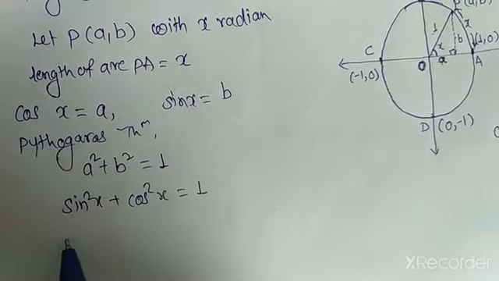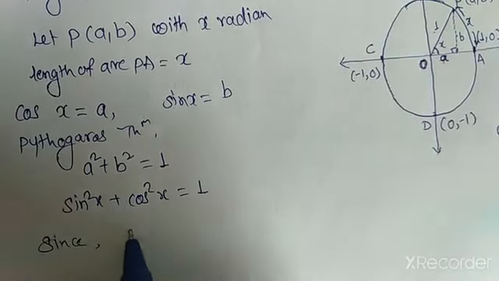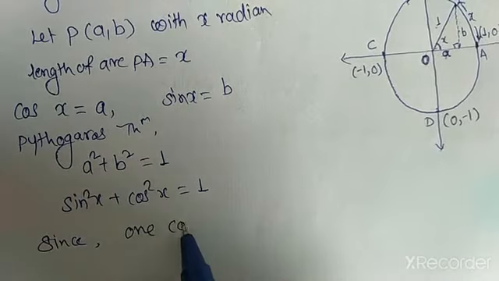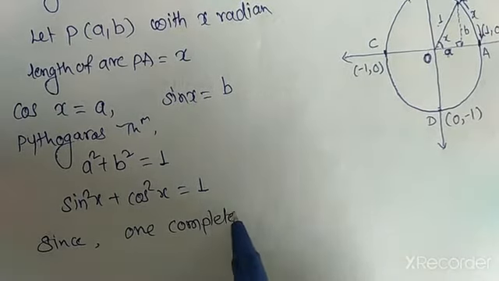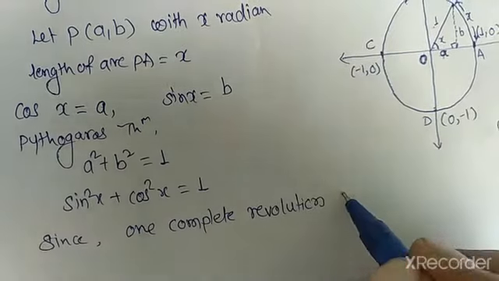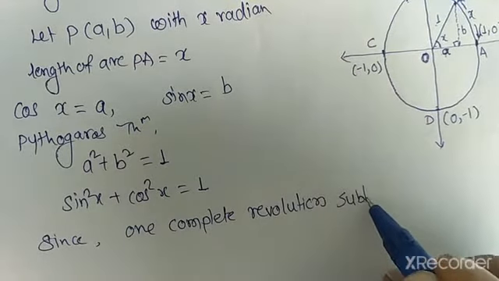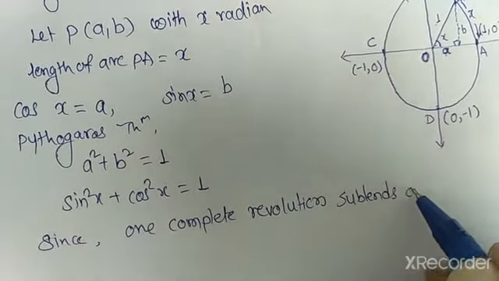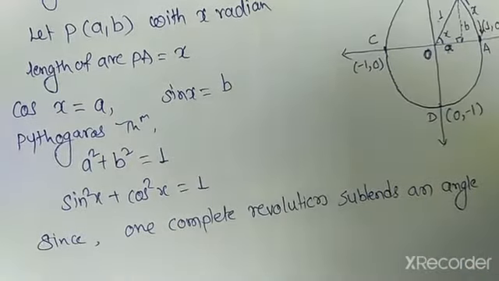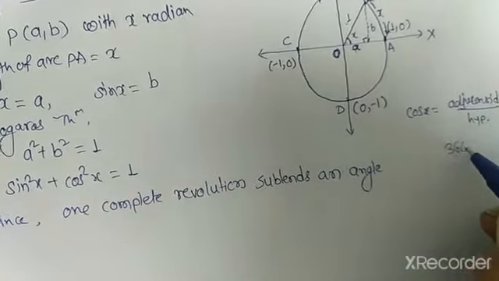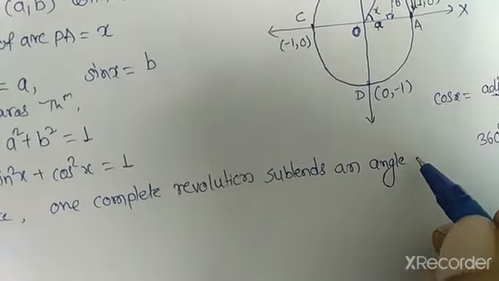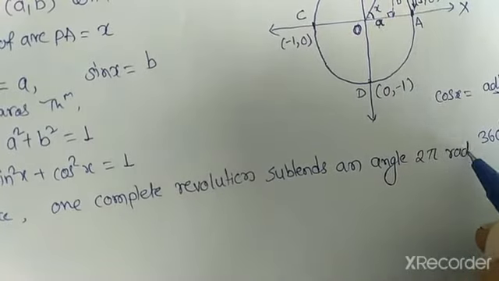Okay, since one complete revolution subtends an angle at the center of the circle, one total revolution means 360 degrees, which means twice pi radian.